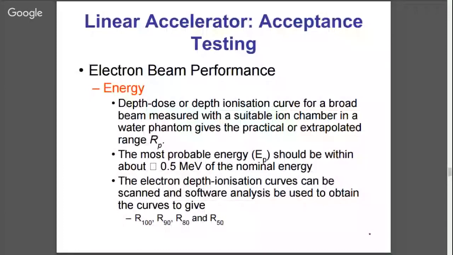We're looking for the most probable energy to be within about half an MeV of the nominal energies, so 6 or 10 or 12, whatever that particular energy is. So we need to do this for all the beam energies that we're going to use clinically. That's important to stress here.